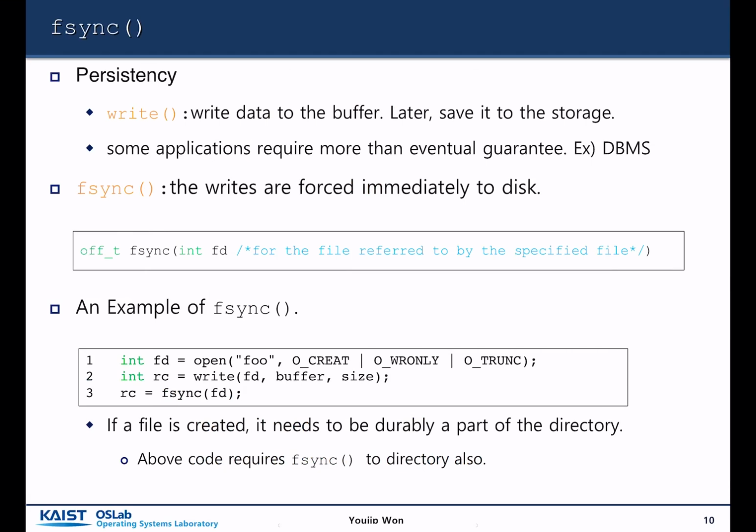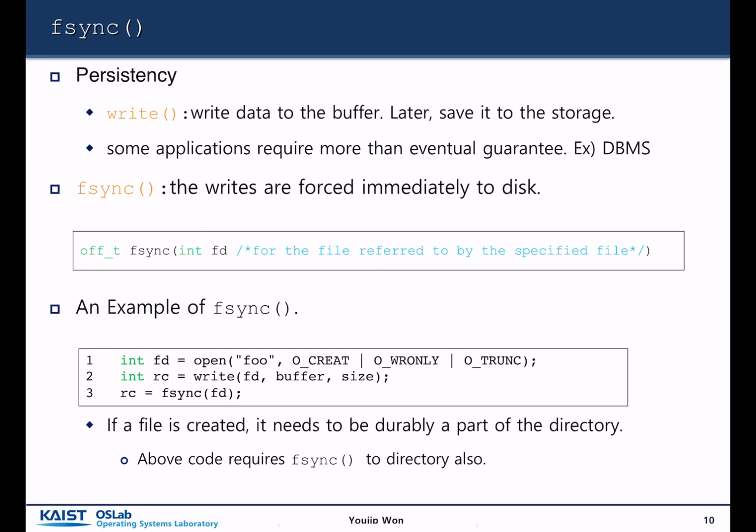The next function is fsync. The write system call writes data to the buffer, and later it saves it to the storage. So there is a time interval during which the data stays only in the buffer, and the data is subject to loss when the system crashes.